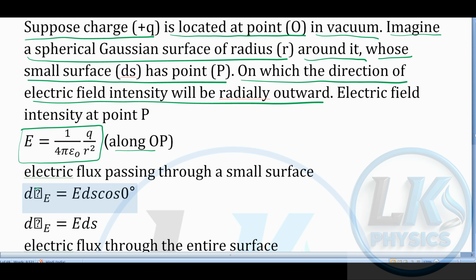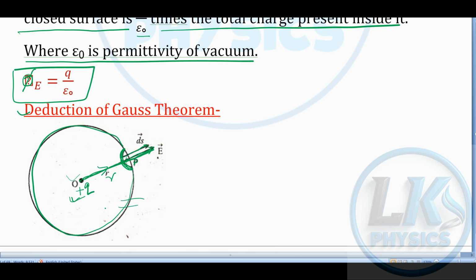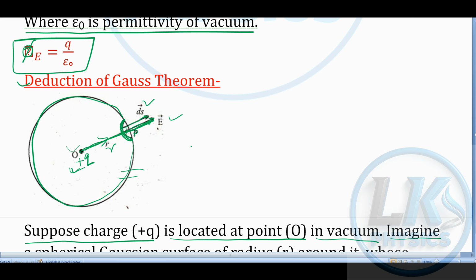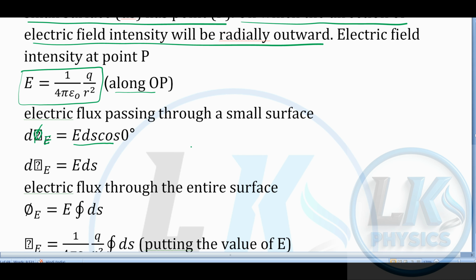Now we find electric flux d phi e, the electric flux passing through a small surface. The formula is E ds cos theta, but theta is 0 for this condition because the area vector and electric field are in the same direction. So we take the angle between electric field and area vector as 0.